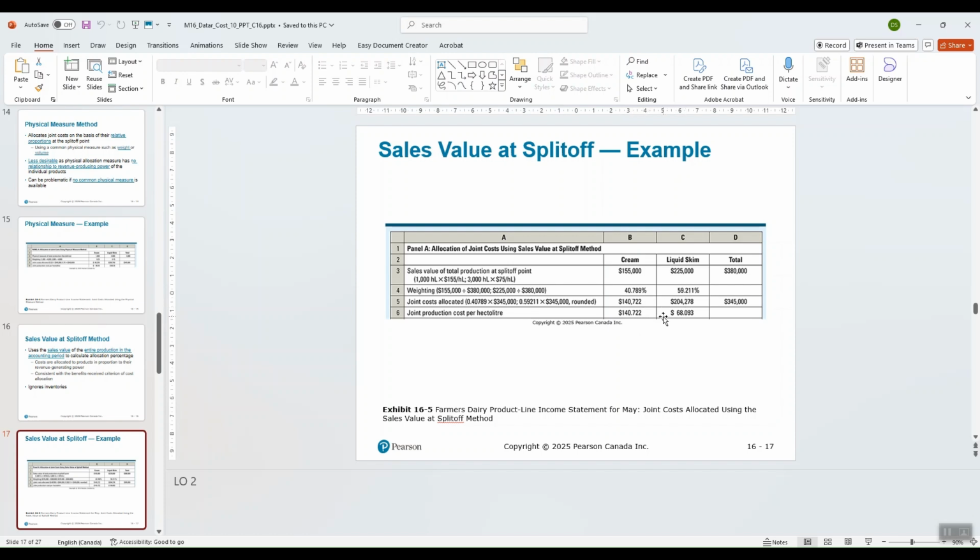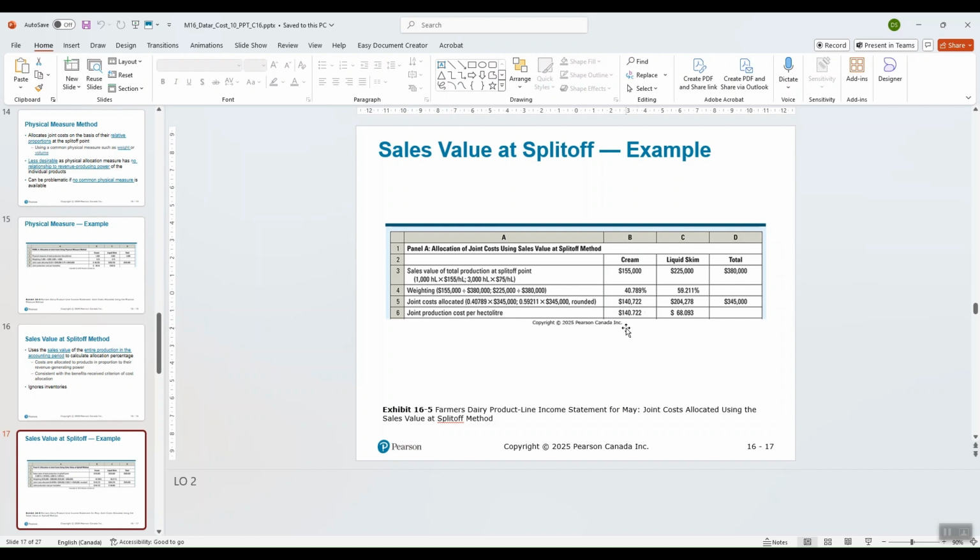For the liquid skim, 204 divided by 3,000 comes out to 68.093. Now you can directly compare this with what they're selling it for. So 140.72 is the joint product cost being allocated, and the amount they are selling it for is 150 per hectoliter.